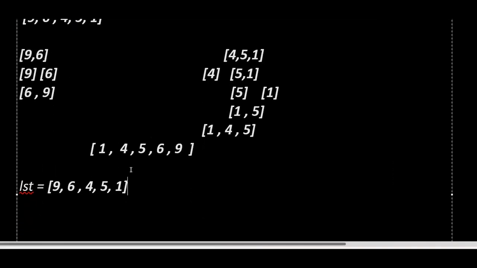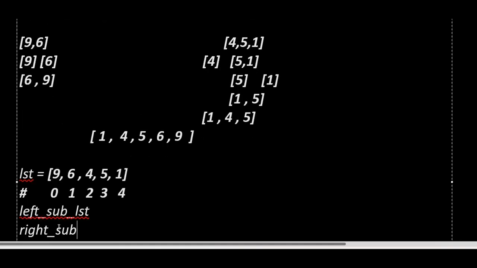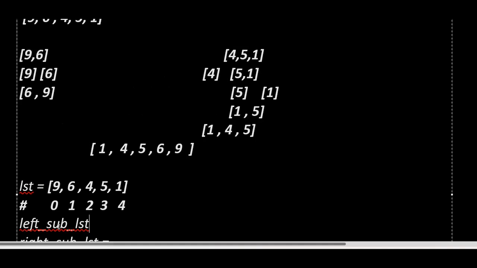So how to find the middle element index, sir? I want to divide the list into two halves, first half and second half. Let us provide the indexing for our list: 0, 1, 2, 3, and 4. This is the indexing of my list. So I want to divide it into a left sublist and a right sublist, and I need to find them from these indexes.